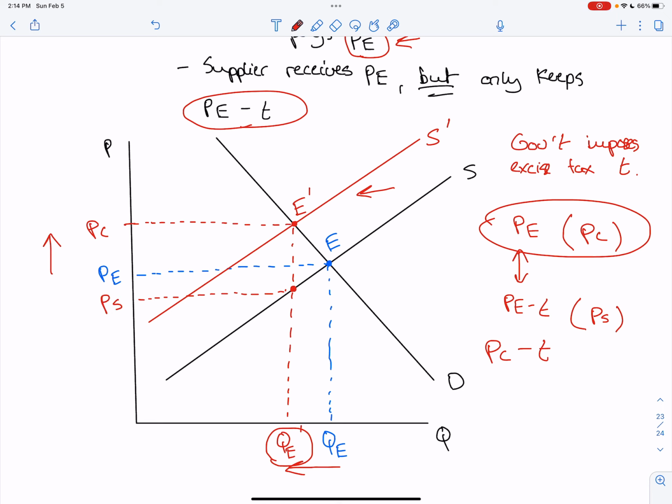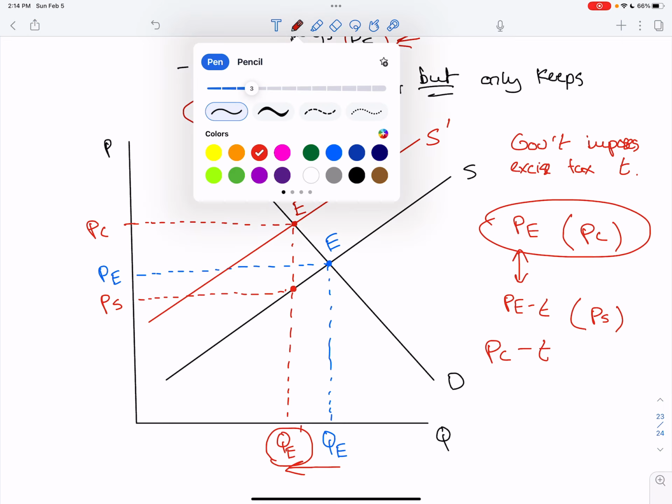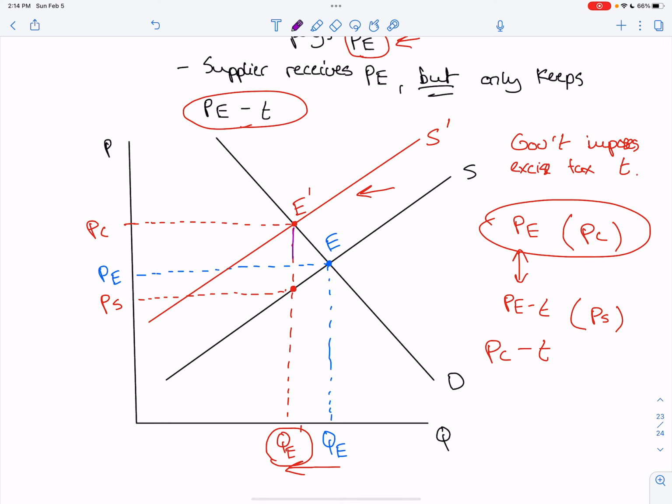Okay, now what does that mean? If PS is simply PC minus T, then that must mean that this gap here is T. So the gap between the consumer price and the producer price is T.